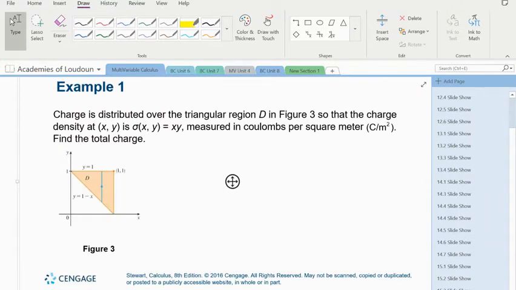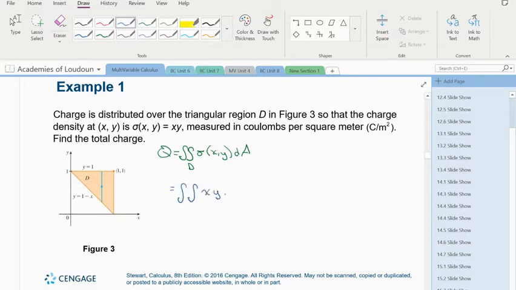We have a charge distributed over the triangular region D in figure 3, so that the charge density is given by sigma of x, y equals xy. And that's measured in coulombs per square meter, and we want to find the total charge. So we know that our total charge is going to be the double integral over the region D of sigma of x, y dA. So we need to set up our double integral, and we know that we're going to integrate xy.